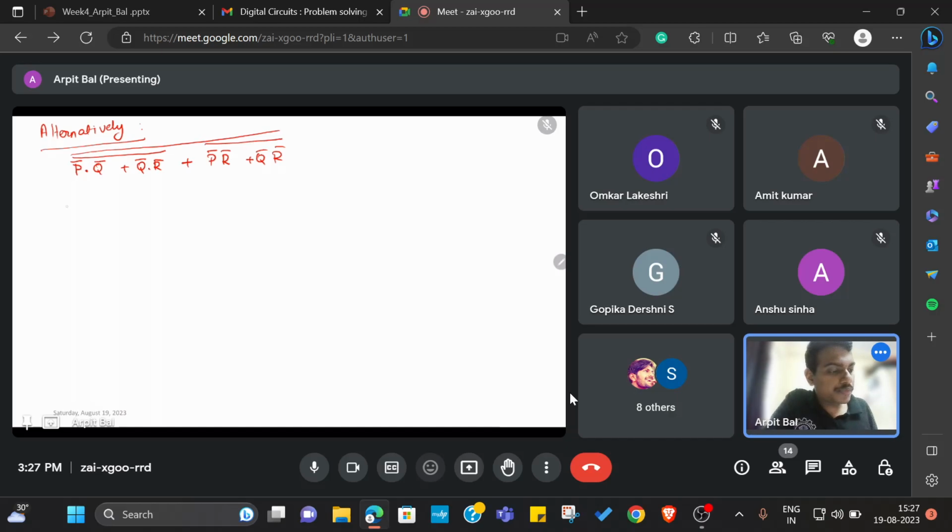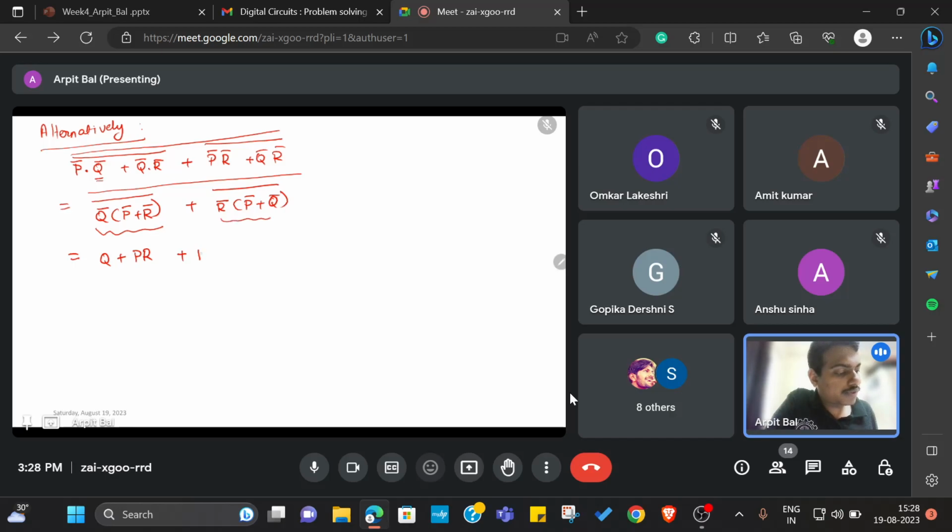Here I can take q' common, so I will have (p' + r'), plus, in the next term I can take r' common, so I will have (p' + q'), and there will be this whole bar. Let's use De Morgan's here.